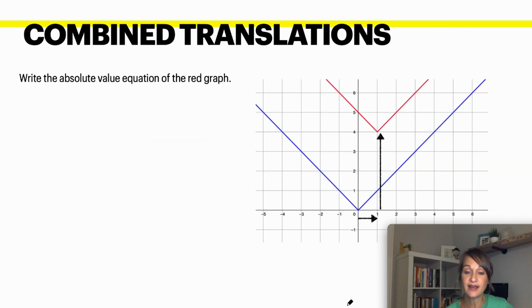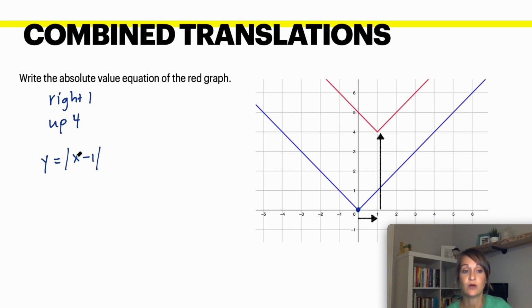Now you can combine translations both horizontally and vertically. So if this is the parent function where the vertex is 0, 0, you can move it over 1, and you can also move it up 4. So it moved right 1, and it moved up 4. So therefore, if we remember, the translation of it going left and right, since it went right 1, you actually take the opposite sign.